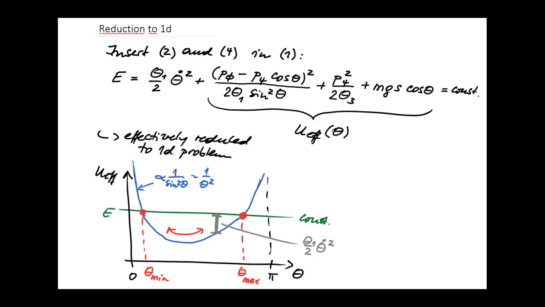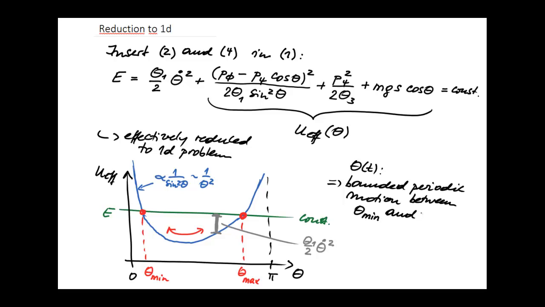So you see qualitatively that you have bounded periodic motion, so that's theta of t. It will exhibit bounded periodic motion between theta min and theta max.